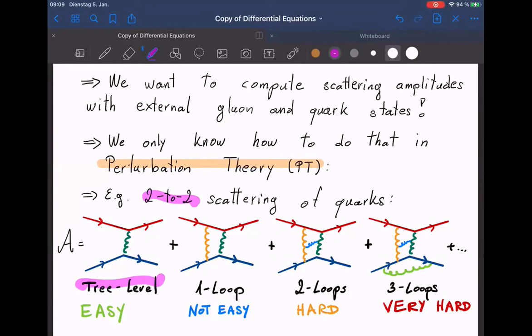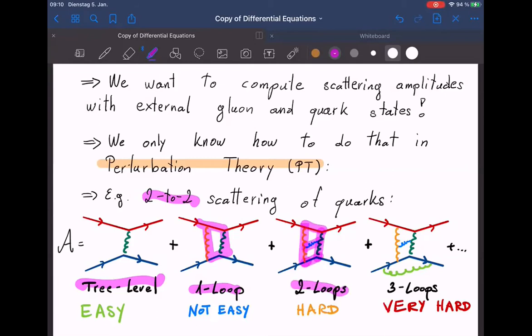But then the next term would involve one-loop diagrams, where now you have one closed loop in your graph. The next term would be two-loop diagrams, where you now have two closed loops, and so on and so forth.